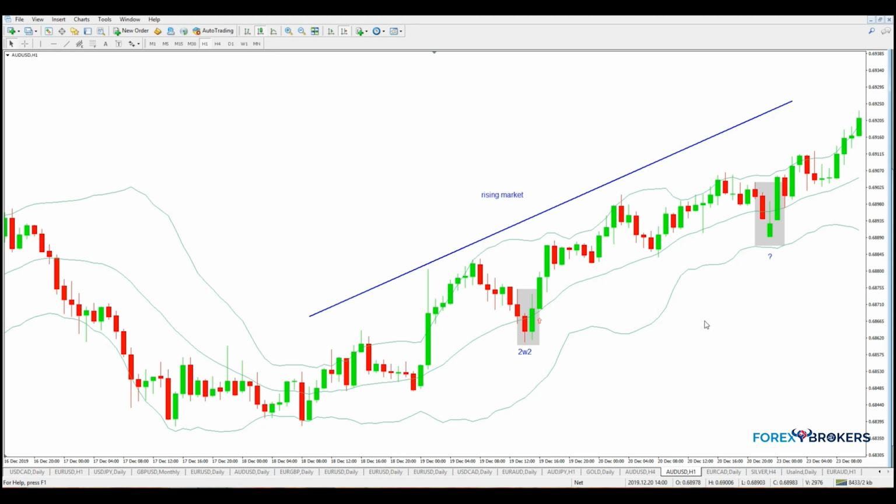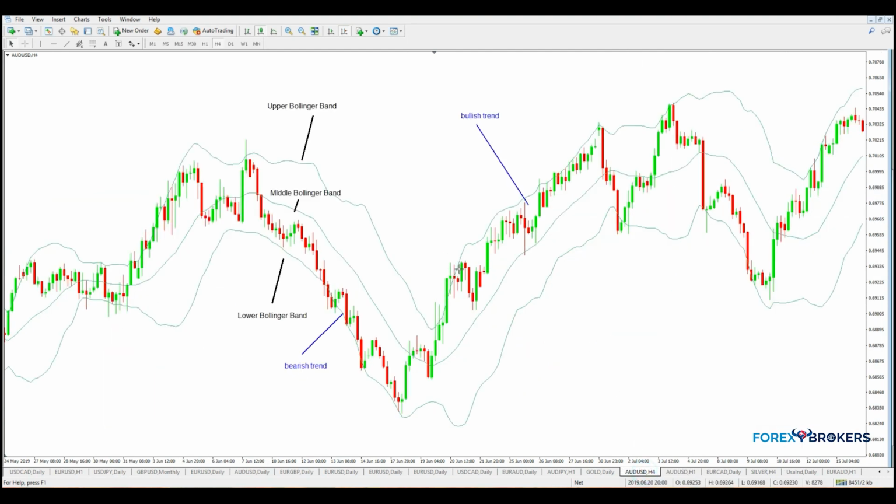So in a rising market, what you need to do is to determine the rising trend. Remember, the definition of a rising trend is that the price remains into a bullish trend between the middle Bollinger Band and the upper Bollinger Band. So this is a rising market.